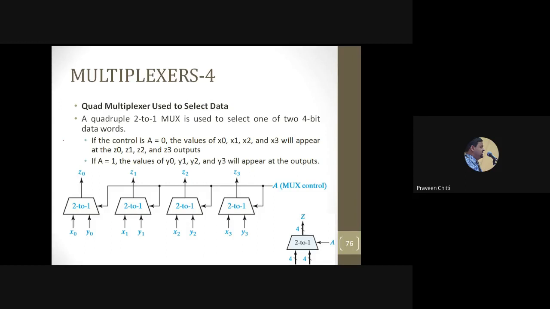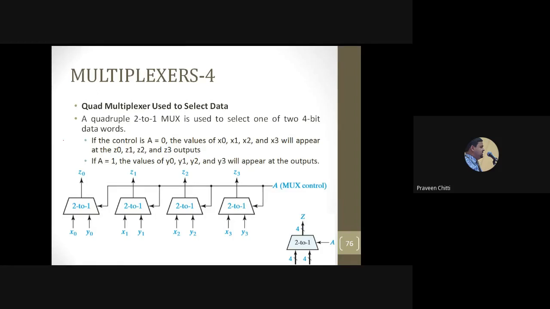You have two single-bit inputs, and based on the single select line, it will pass one of the two single-bit inputs to the output. That means you will get a single-bit output. But now I have two numbers. Say x0, x1, x2, x3 is one 4-bit number, and y0, y1, y2, y3 is another 4-bit number.